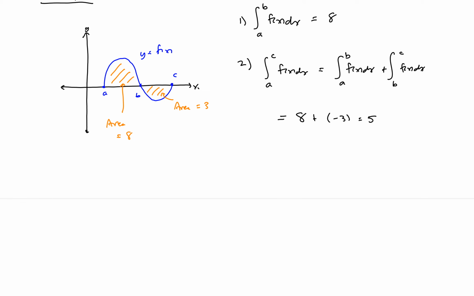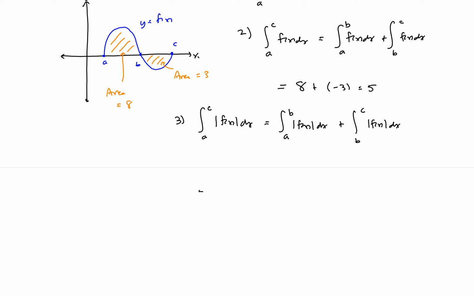And finally, let's look at one last one here. So let's look at the integral from a to c of the absolute value of f of x dx. Now again, we can break this up into the integral from a to b of absolute value of f of x dx, plus the integral from b to c of absolute value of f of x dx. And now notice that since the function is positive on the interval from a to b, the absolute value just gives me f of x back.